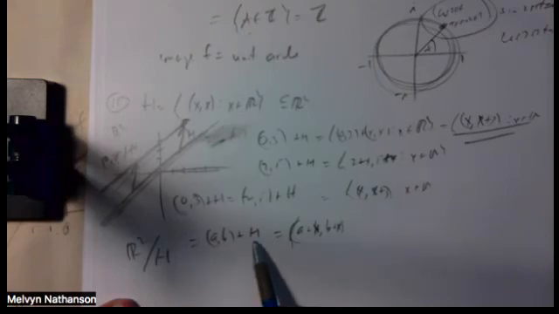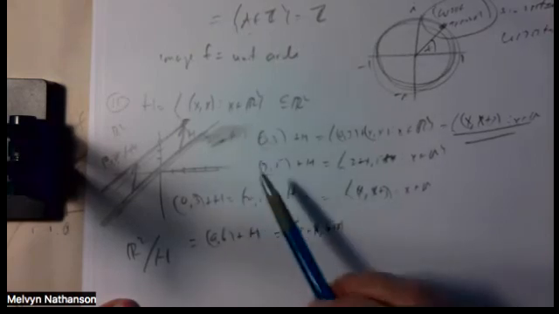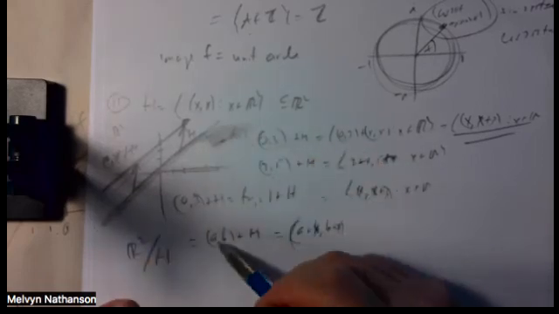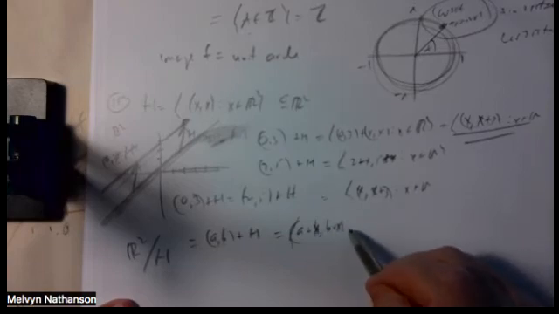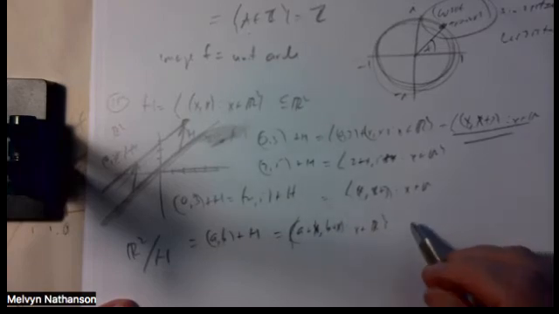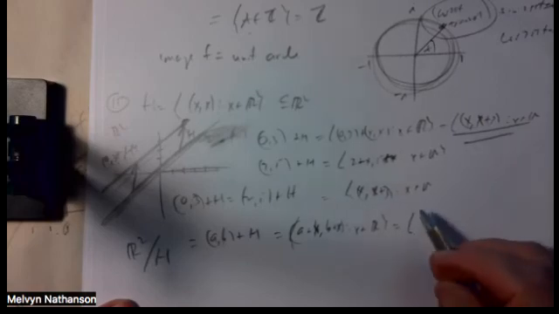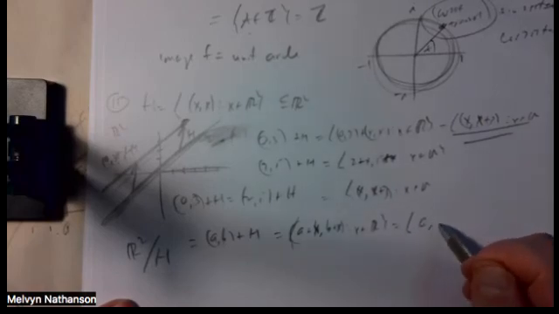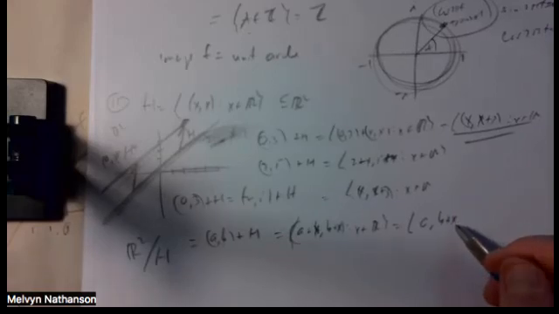Thank you. So (a, b) plus H is just the translate of this subgroup H, that's just this line, by a vector (a, b). That's (a + x, b + x), for all x in R.